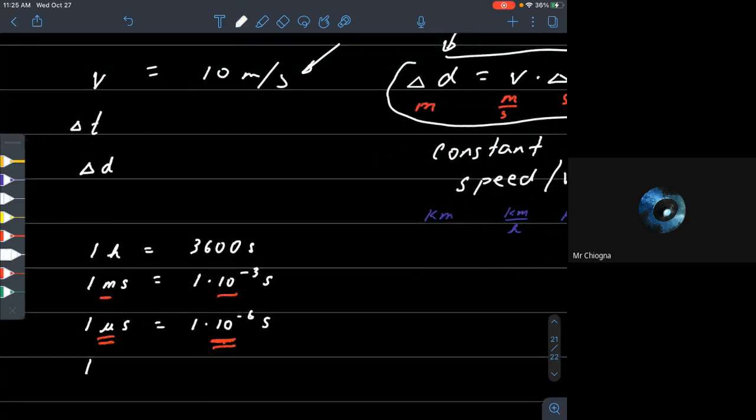Last one is nano, little n. To memorize it, you have to know what it stands for. It represents 10 to the minus 9. Just know it. You can look it up if you're not sure, but I would know it. It comes up so often.